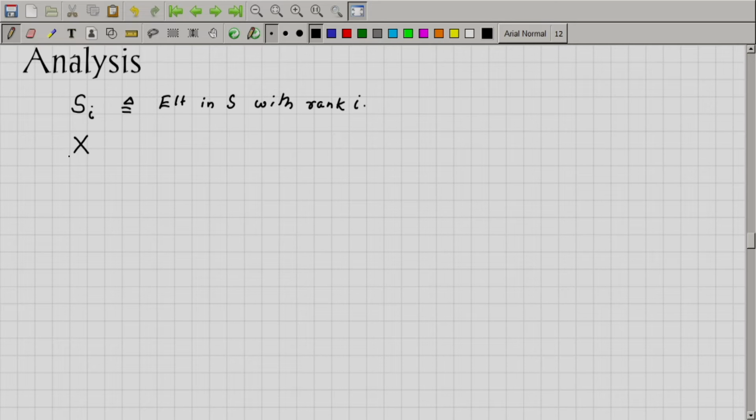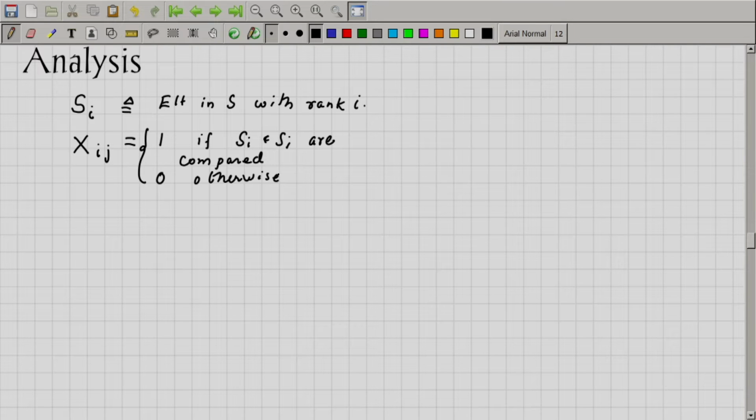Now, let us introduce a random variable Xij, which we will define to be 1 if Si and Sj are compared during the course of the algorithm and equals 0 otherwise. Okay.